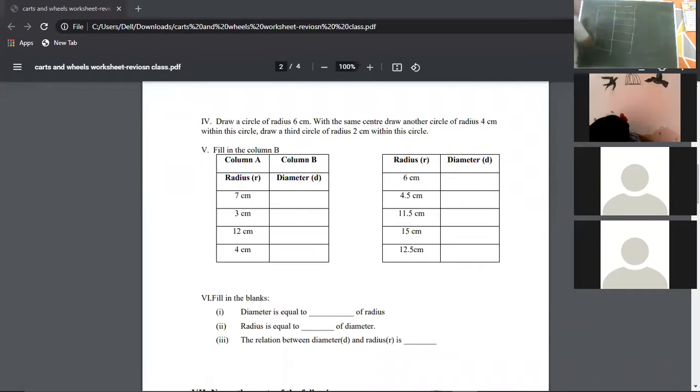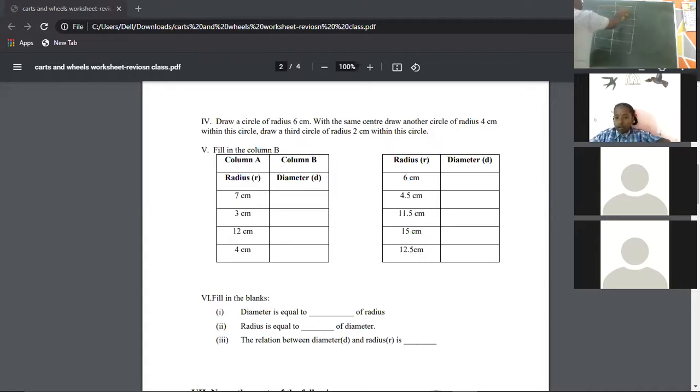Now reverse to that. Oh, the second one is also the same. Radius is given, find the diameter.